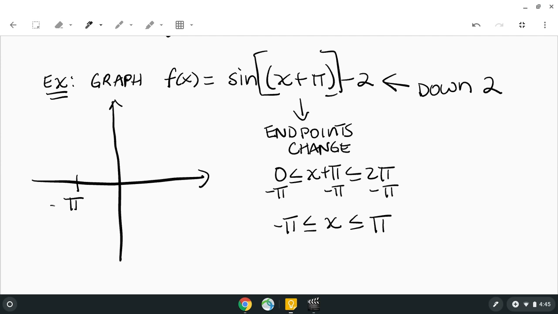So when you graph this, I'm going to need negative pi and pi. And now I get those 5 points.